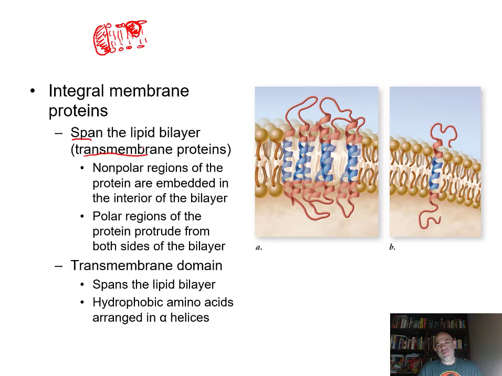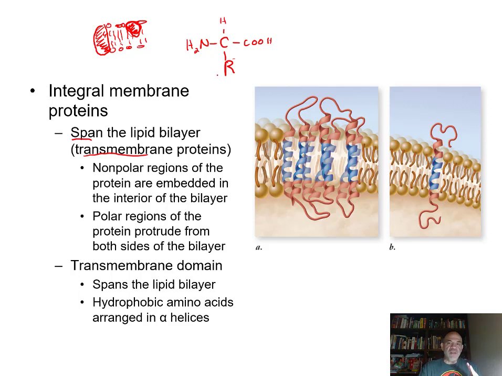While I didn't expect anyone to remember the structures of all 20, one of the things that we should be able to recall is that the amino acids have a central carbon with a hydrogen there. They're going to have a carboxyl group out here, and an amino group out here. And right here is your variable R group, and some R groups are nonpolar and some are polar.